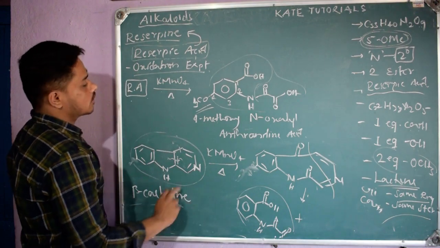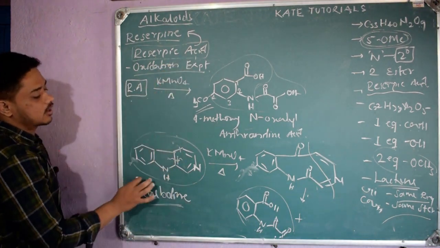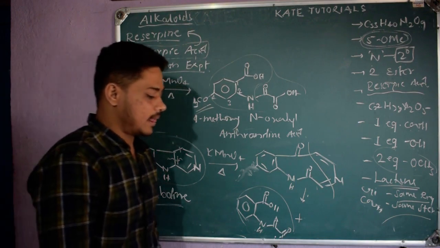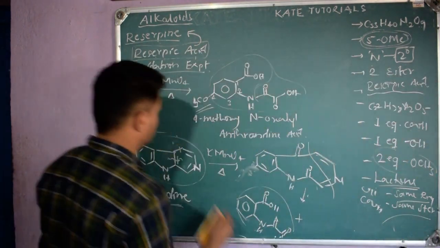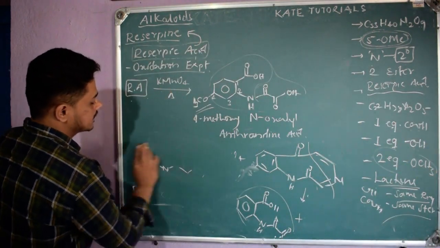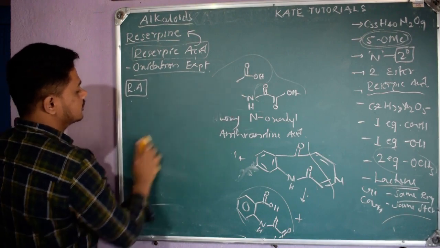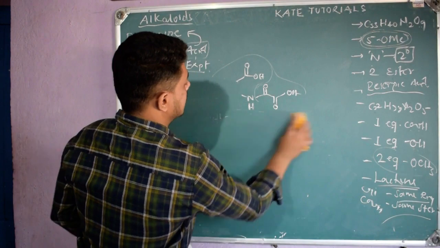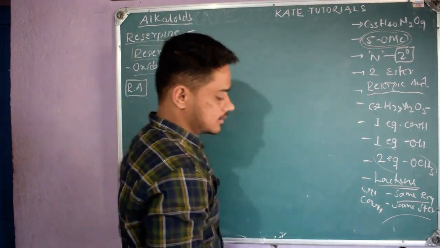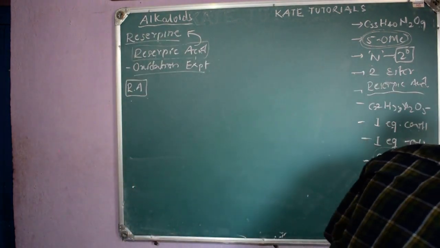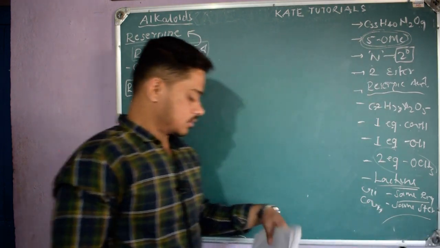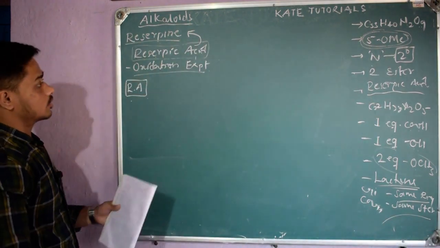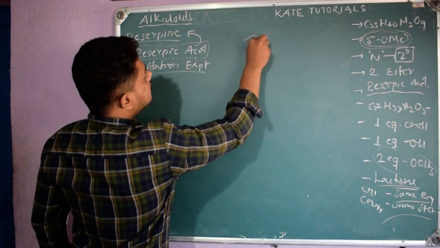So from that they concluded that this reserpic acid has got this structure, right? I hope now it is clear to you, right? So from this oxidation reaction, they found out that it has got a beta carboline structure, right? So it has got this structure.